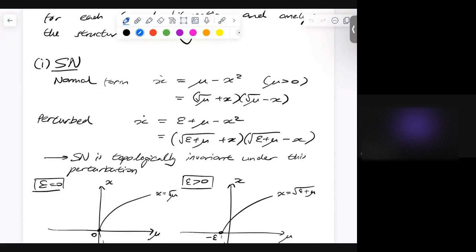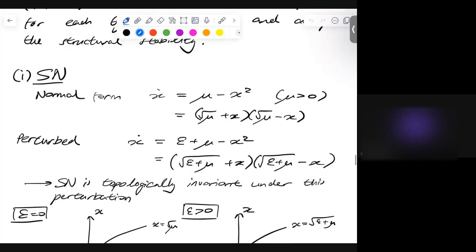The saddle node has normal form x dot equal to mu minus x squared, and this is for mu greater than 0. We could alternatively say it has form mu plus x squared for mu less than 0, or something like that.